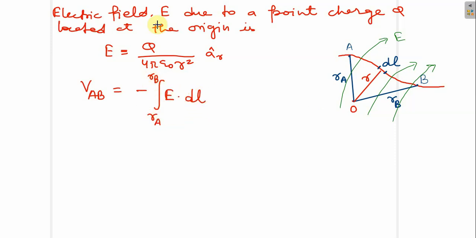Now what is the value of E? E is Q upon 4 pi epsilon 0 R square, so we can put it here.